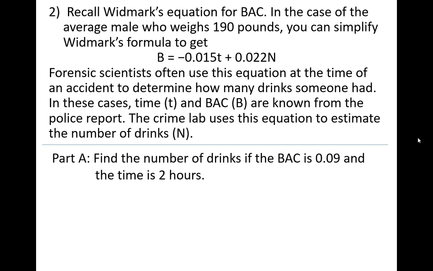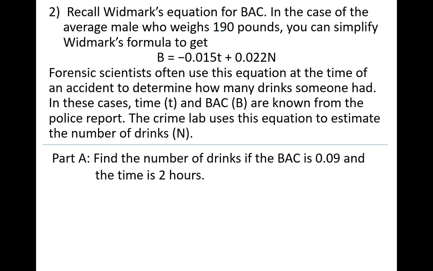Forensic scientists often use this equation at the time of an accident to determine how many drinks someone had. In these cases, time T and blood alcohol content B are known from the police report. The crime lab uses this equation to estimate the number of drinks. Find the number of drinks if the blood alcohol content is 0.09 and the time is 2 hours.